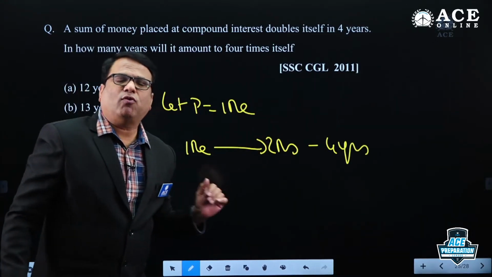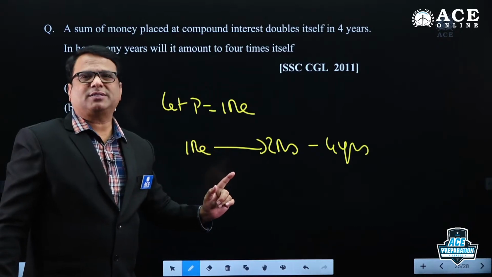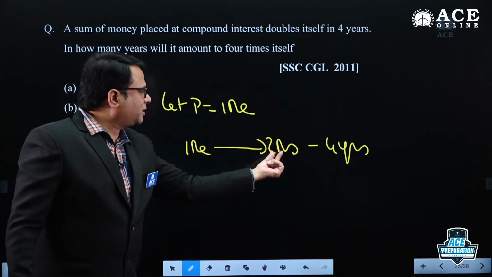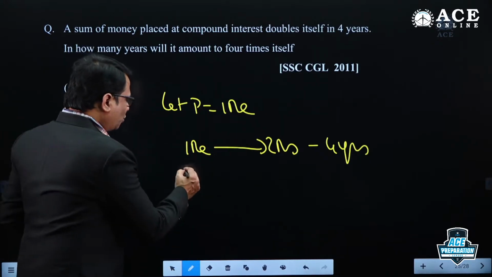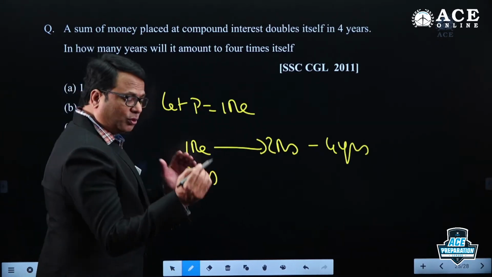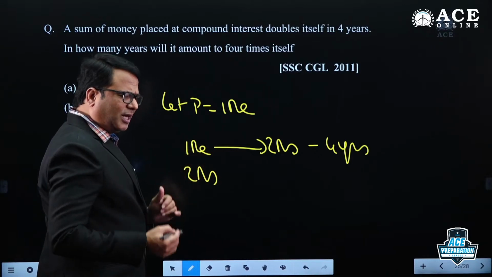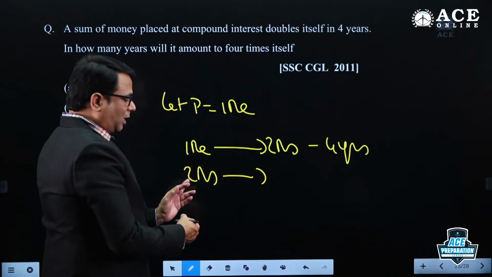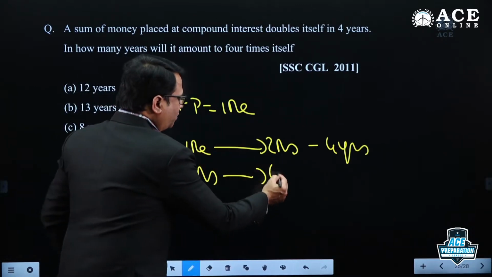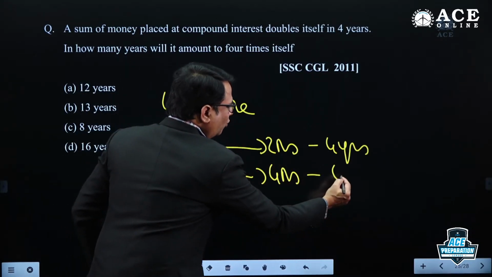Now at the end of 4 years, this 2 rupees is reinvested. At the end of the 4th year, this 2 rupees is reinvested. Then this 2 will again get doubled. So 2 rupees will become 4 rupees in another 4 years.